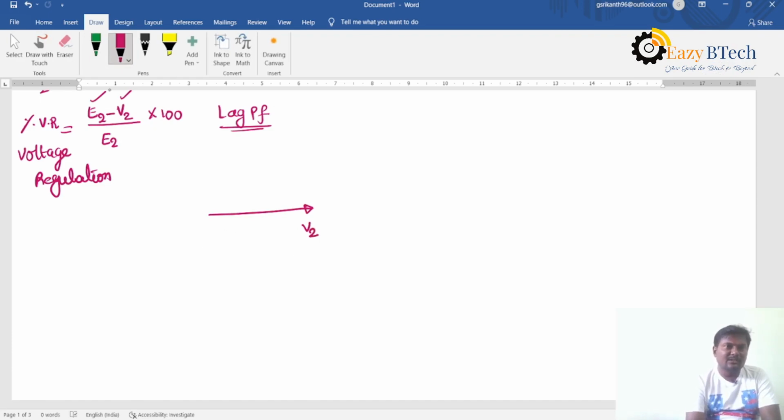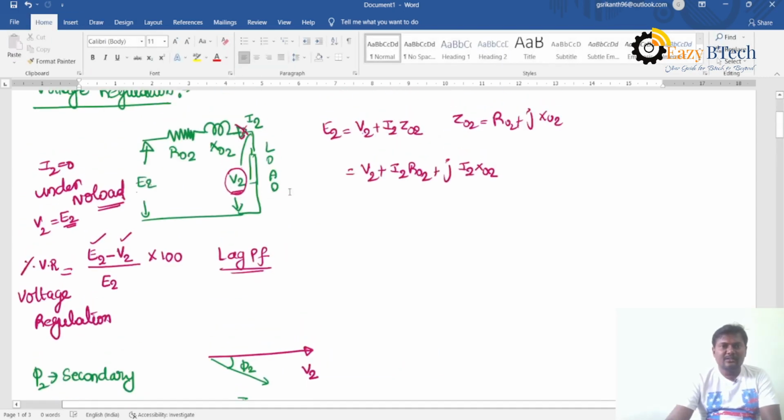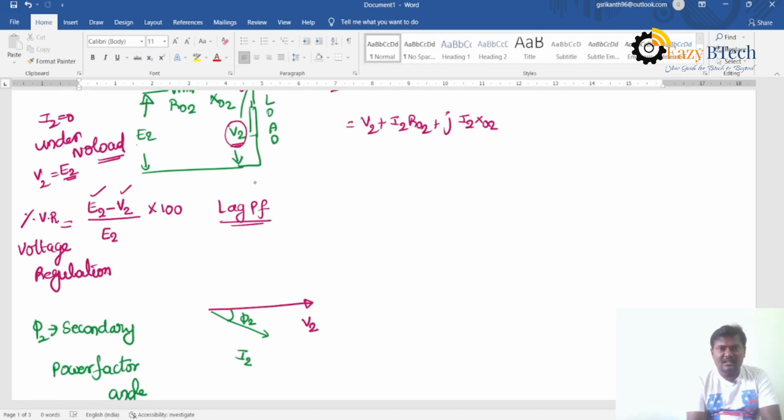With respect to V2, the I2 is lagging for a lagging power factor load at an angle of phi 2, where phi 2 is called the secondary power factor angle. With respect to V2, I2 is lagging.